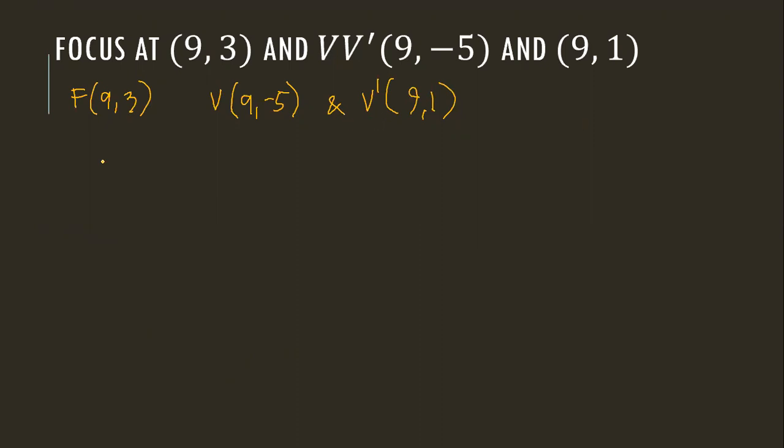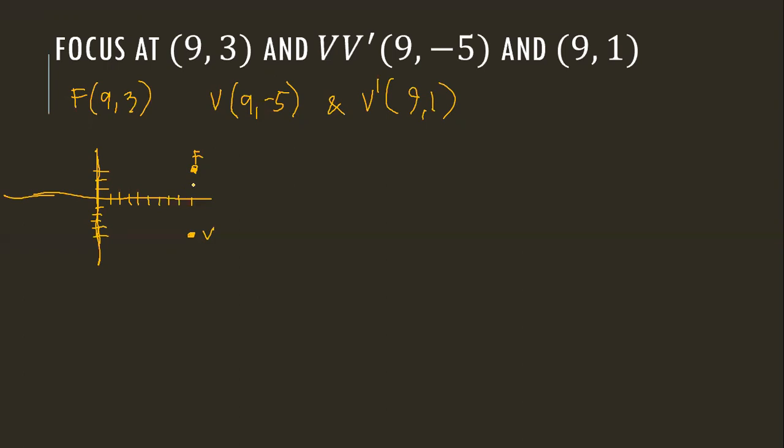Kasi kapag ginraph natin to, let's graph. So we have 9, 3. 1, 2, 3, 4, 5, 6, 7, 8, 9. 1, 2, 3. So this is our focus. We have 9, -5. This is our B. And we have 9, 1.